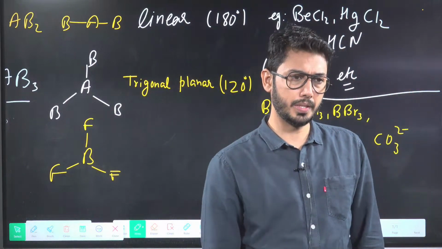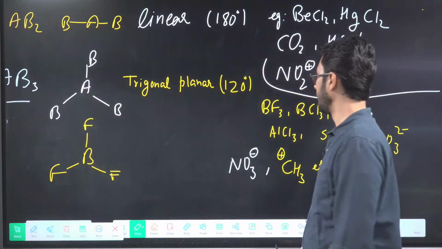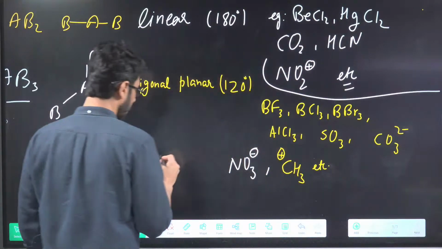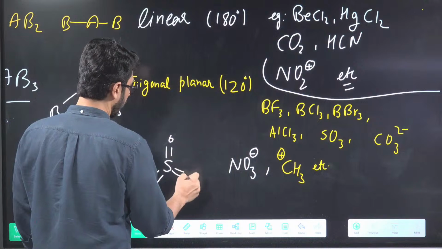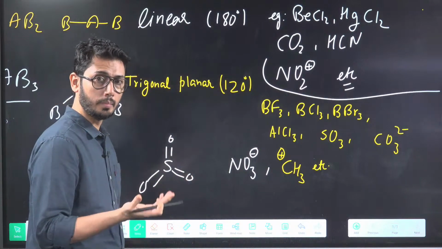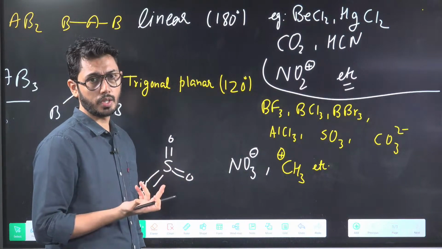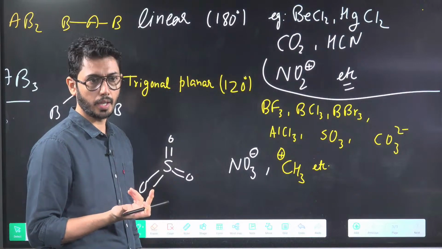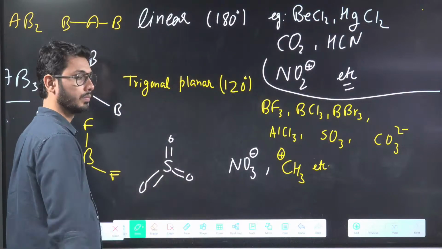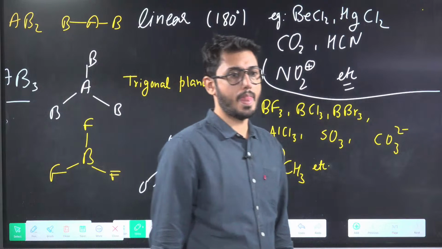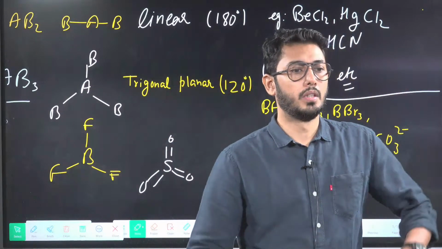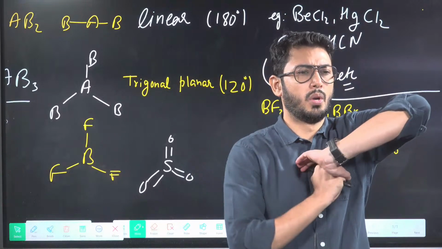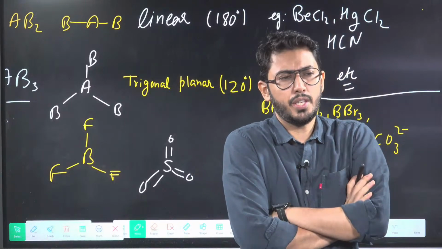BCl3, yes, same. Or SO3 structure you can write. This is the SO3 structure. How? Sulfur has 6 valence electrons, all in bonding with oxygen. Oxygen, if neutral, forms a double bond with the central atom. CO3 2-. LiH3 is not there. LiH is there. Na?